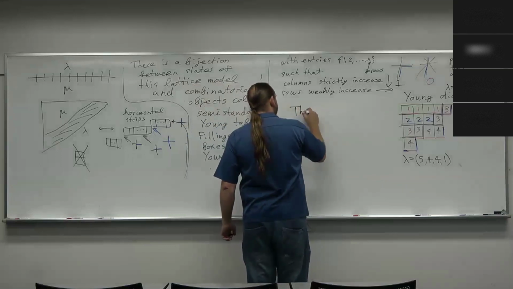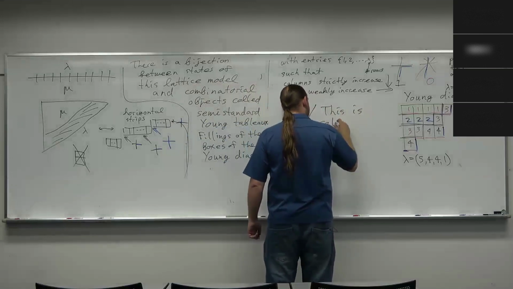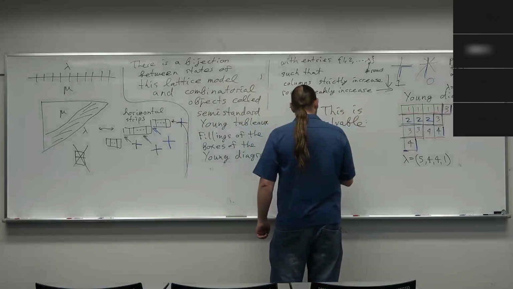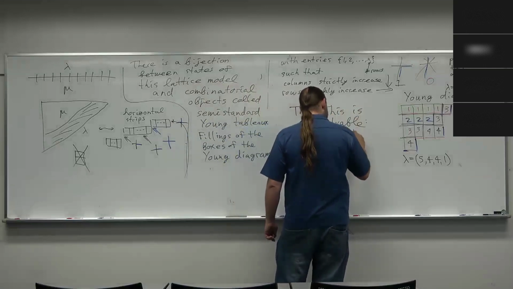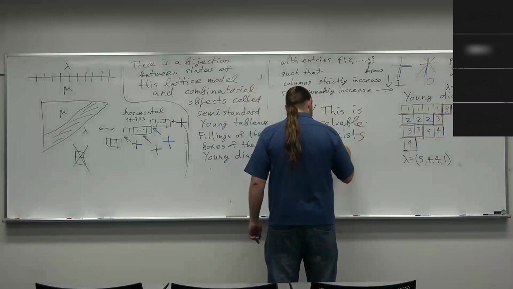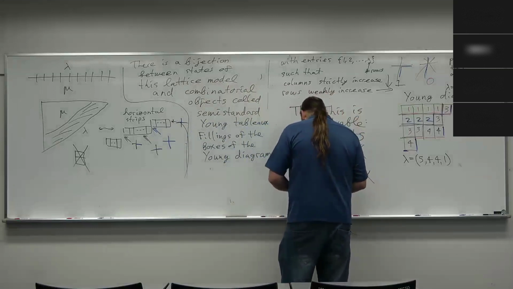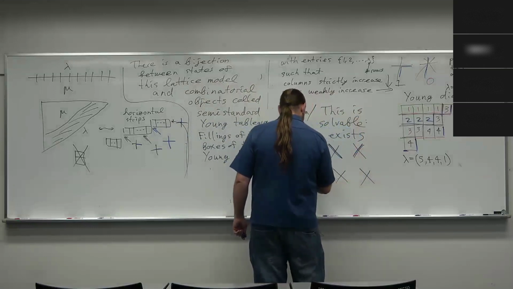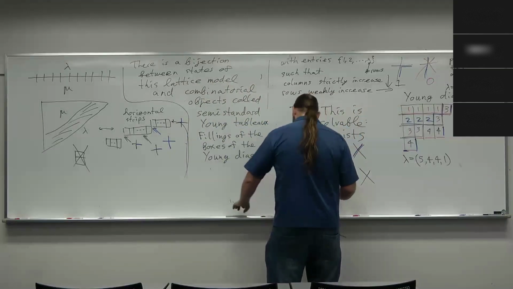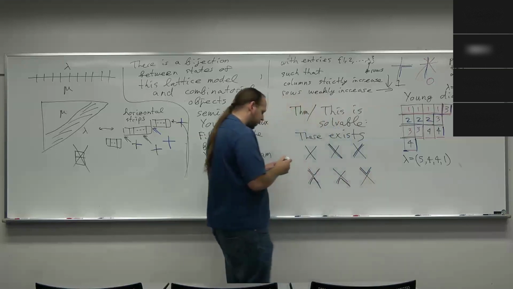So the theorem is this is solvable, which means there exists a tilted version where we have the same kind of behaviors happening.